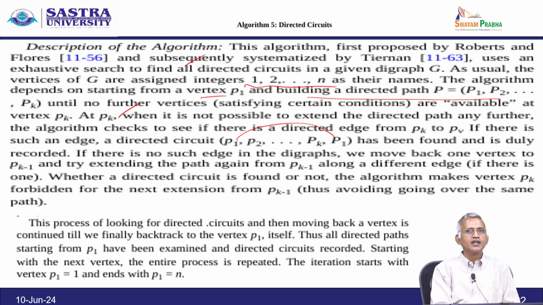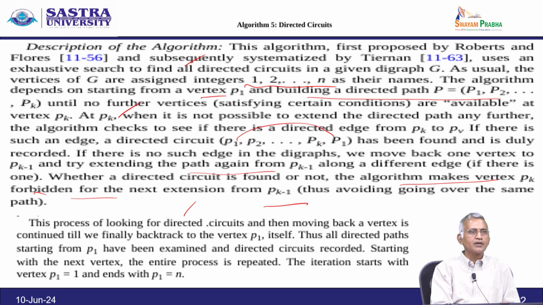If there is no such edge in the diagram, we move back one vertex to Pk minus 1 and try extending the path from Pk minus 1 along a different edge, whether a directed circuit is found or not. So, the algorithm makes vertex Pk forbidden for the next extension from P suffix k minus 1. This process of looking for directed circuits and then moving back to continue goes on till we finally backtrack to the vertex P1 itself.